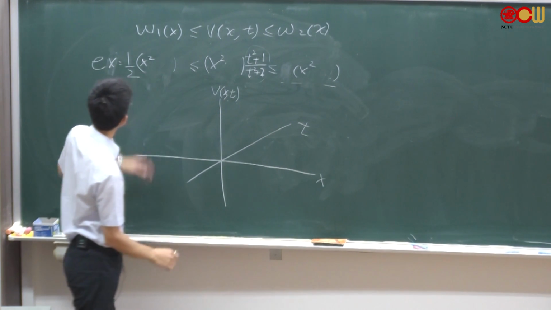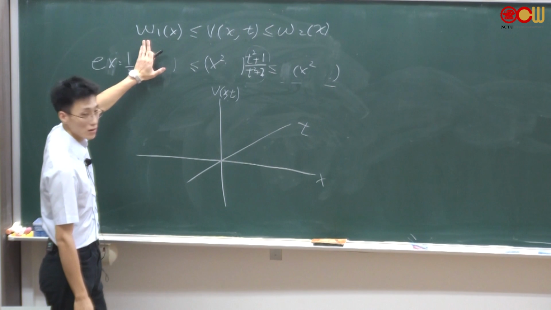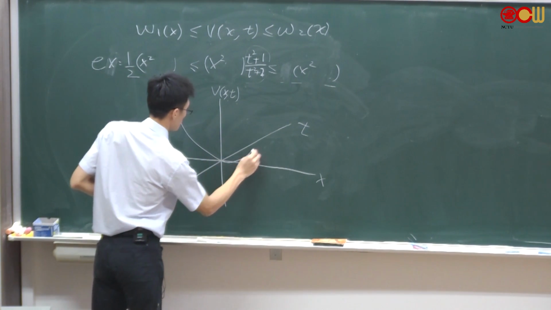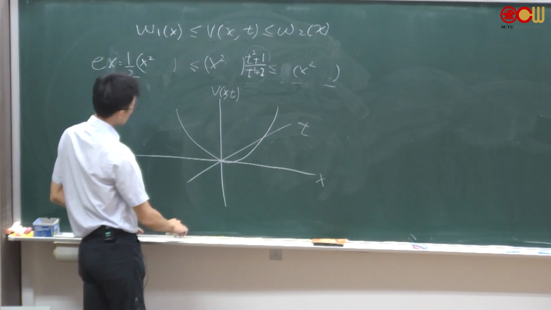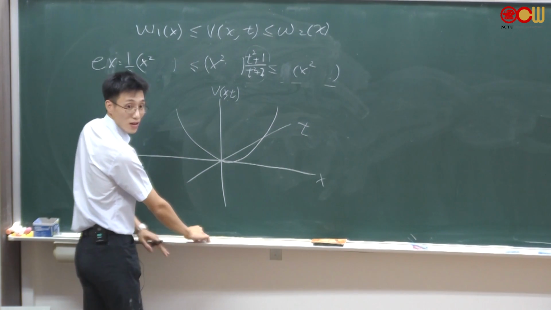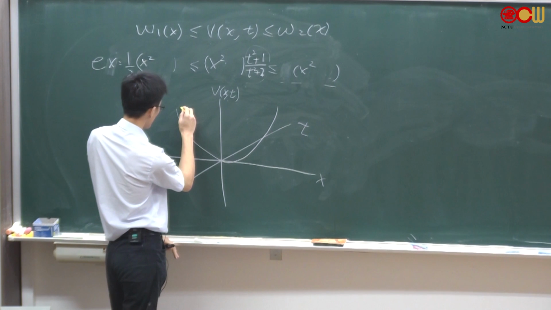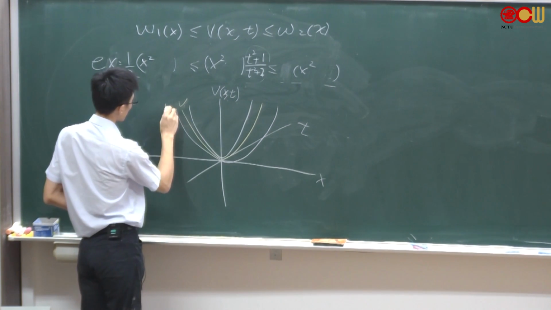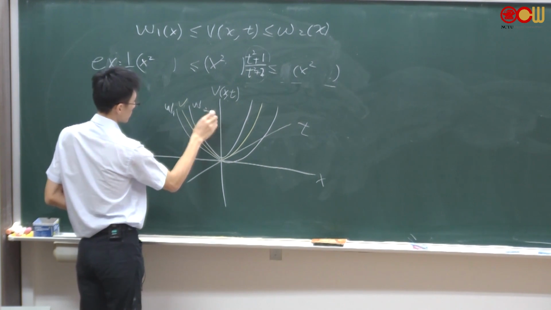So, what is W1? W1 will be maybe this, the lower bound of V. So let's say V is here, and W2, the upper bound, will be on top. This is W1, W2 at t equal to 0.